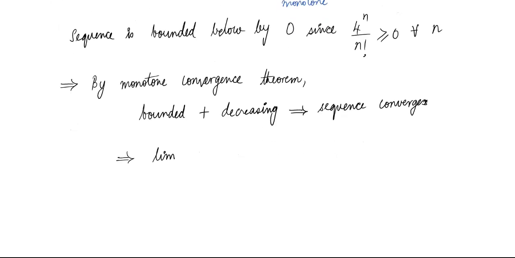If it converges, we know that the limit must exist and produce a finite number.